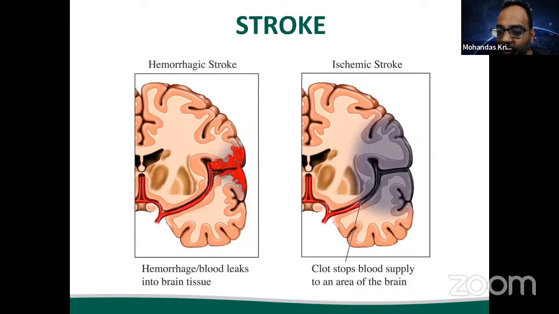Now it can be various. If you see an MCA infarct, paralysis. CG infarct, paralysis. CG bleed, paralysis. MCA 1, 2, 3, paralysis. ACA infarct, paralysis. Ventral infarct, paralysis.